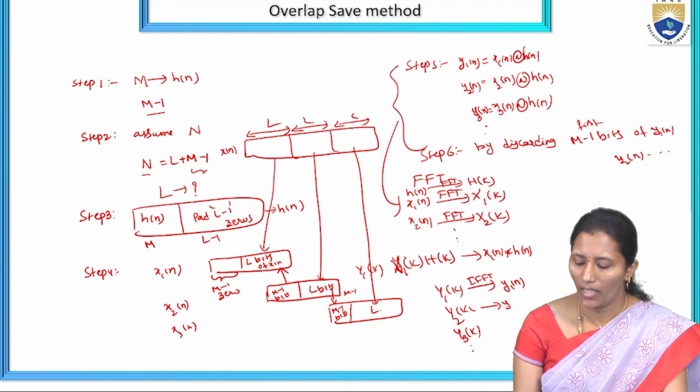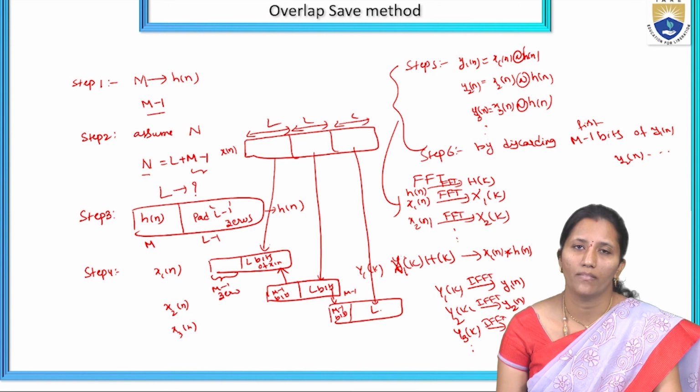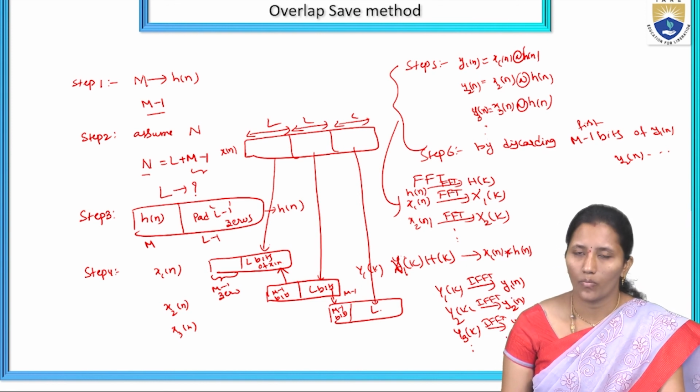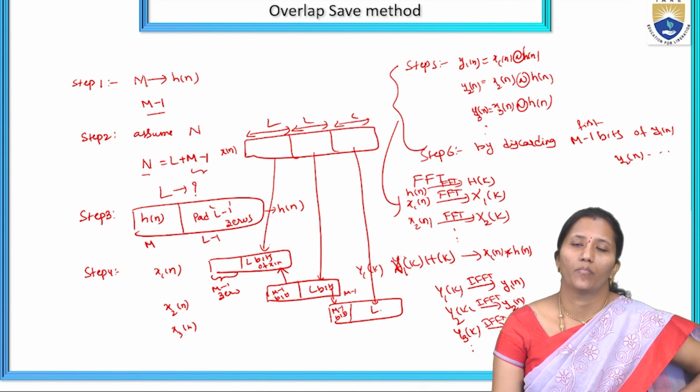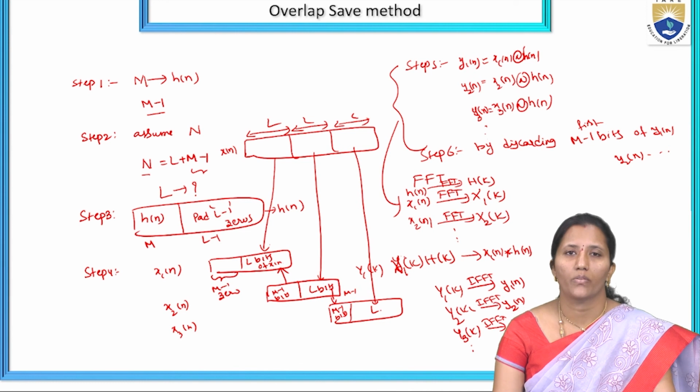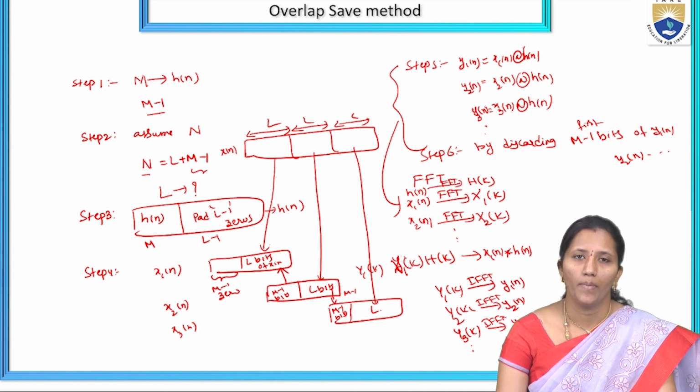We will get y1 of n, y2 of n, y3 of n, like that, and discard the first M minus 1 bits of these output responses of the individual segmented blocks, and the remaining L bits will come to the output. This is the procedure for the overlap save method.